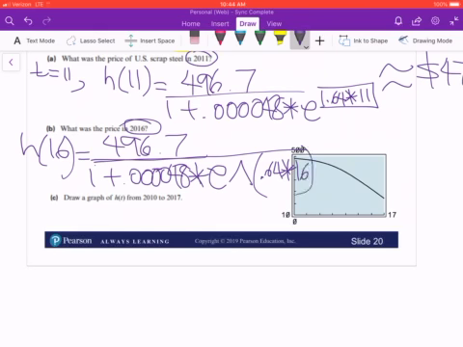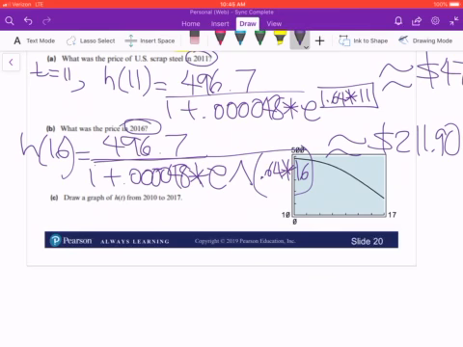Okay, and so we enter that on the calculator, and we're going to get $211.90. Now, you could see that the price dropped by quite a lot from 2011 to 2016, less than half actually, in 5 years.